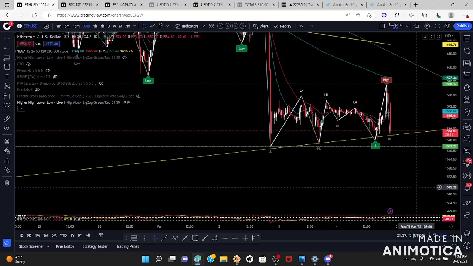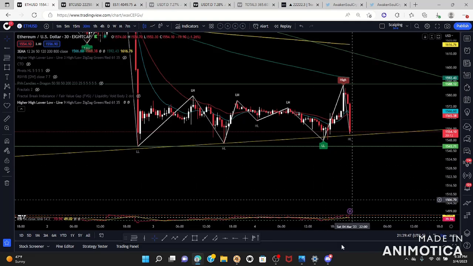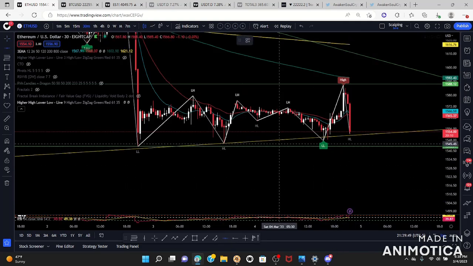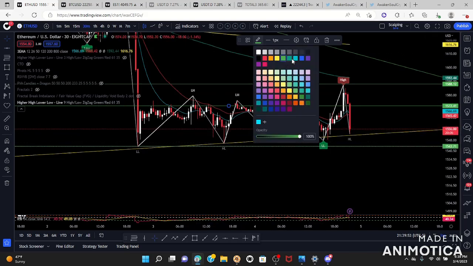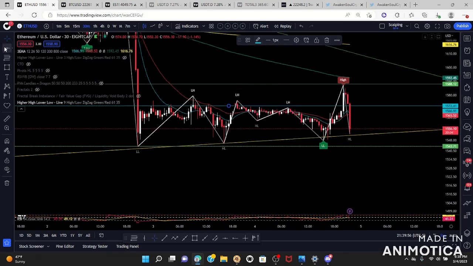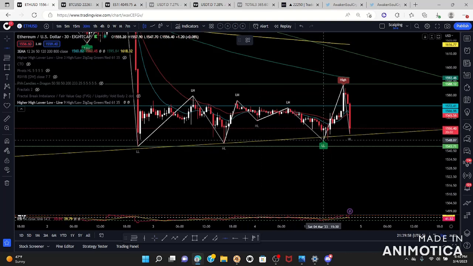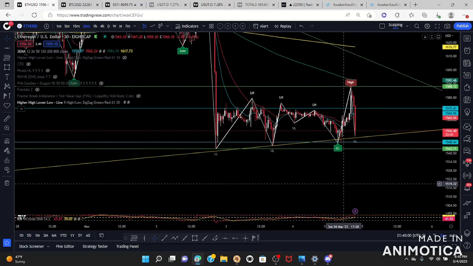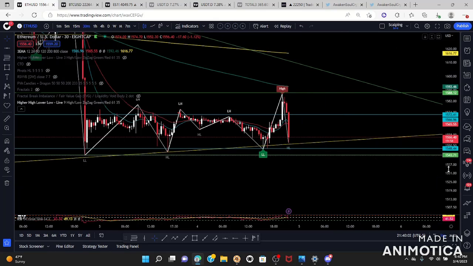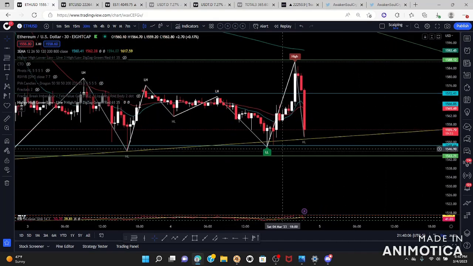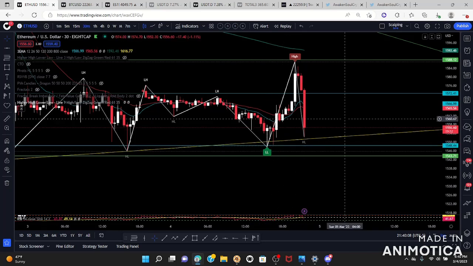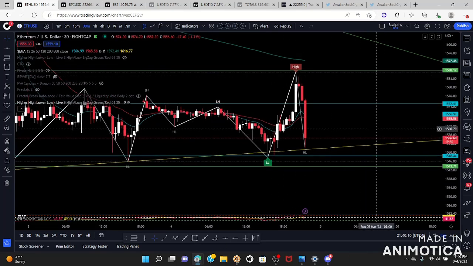I like to set my ranges at 30 minutes. This being my lower high, this being my lower low, right? So for me to take a trade long right now, because we created a new high, this lower low has to, of course, hold.